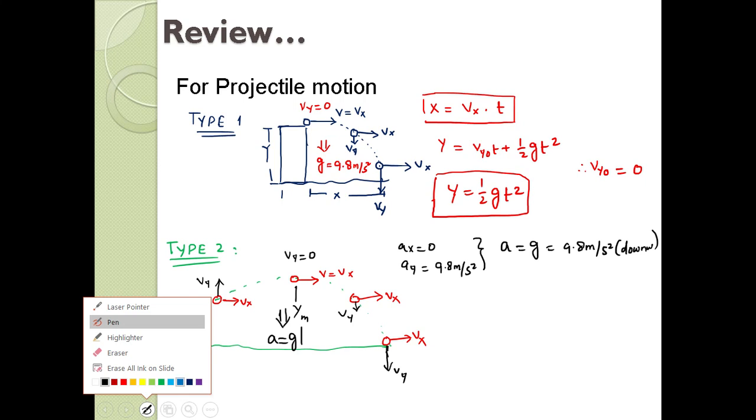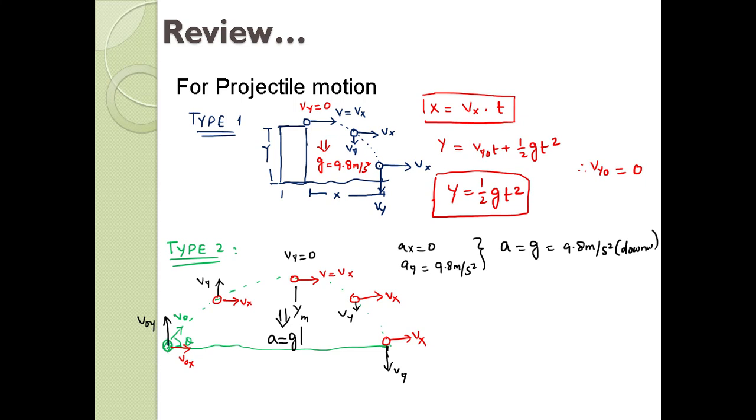What are these projectile motion equations? Let me start with the first one. We can use Vy is equal to Vy naught plus gt. This equation we can use to find Vy after the starting point.